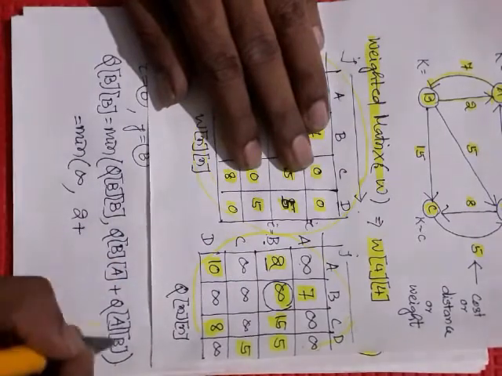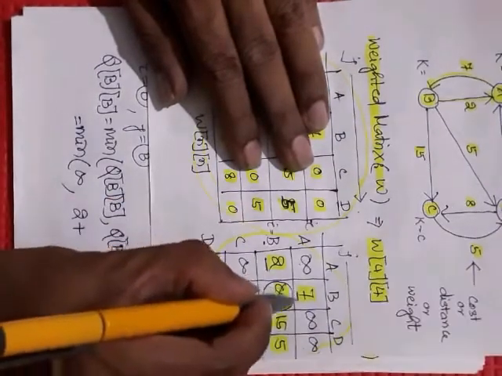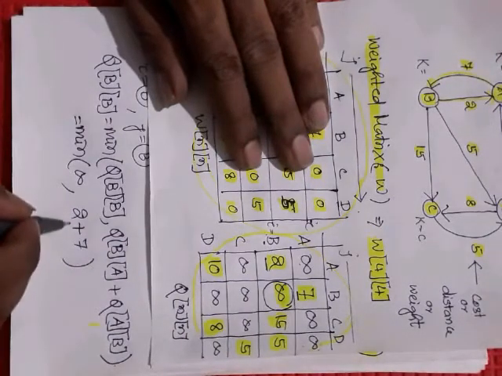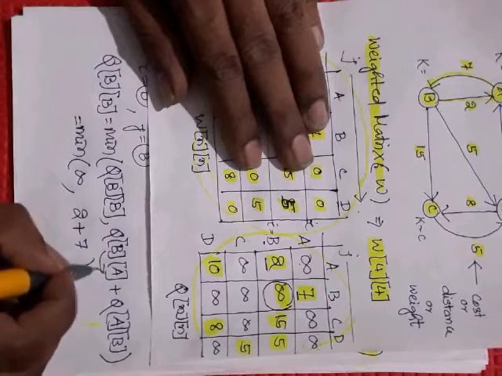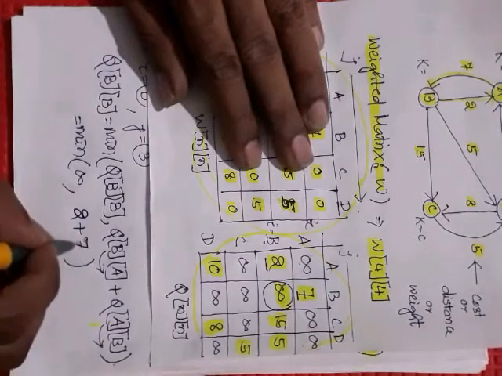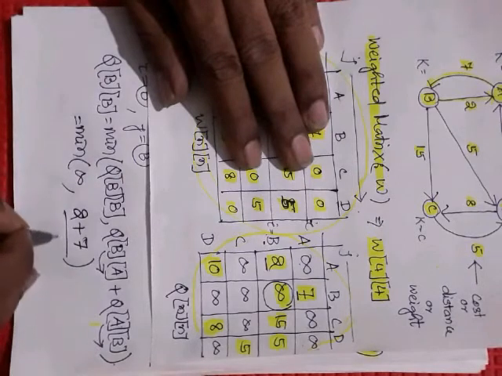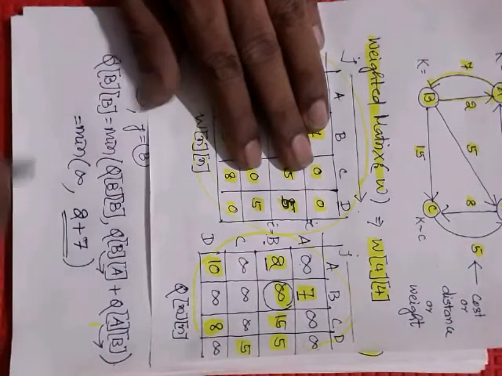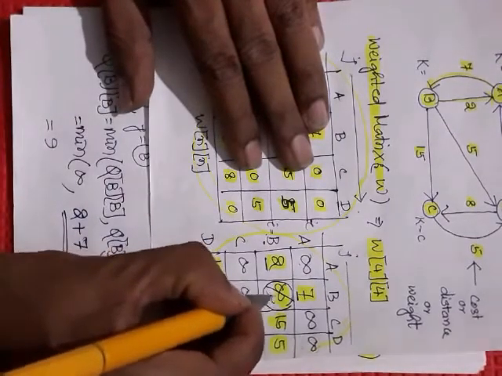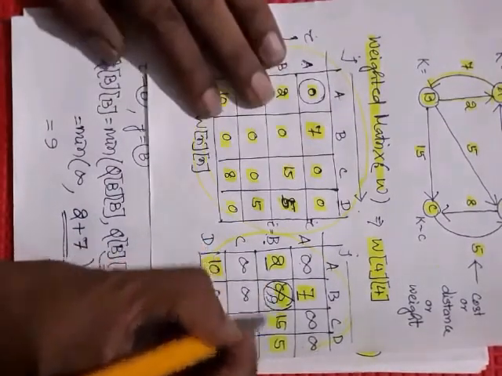Plus Q of ab. What does ab contain? AB contains the value 7. You can observe one value is infinity, another value is b to a, the distance is 2, then a to b, the distance is 7. So the total value is now 9. Out of that, which is minimum? 9. So 9 will be updated here. So this is how you are finding it.